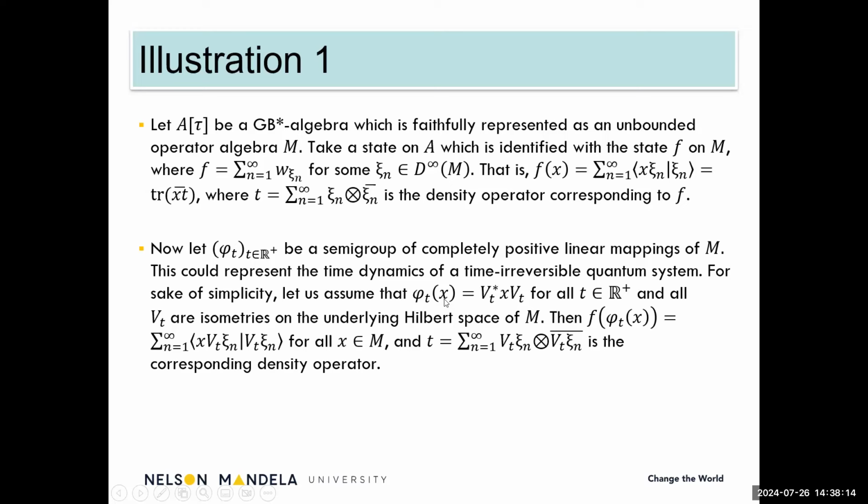You take an observable, and then t units of time later, the observable has transformed to phi of t x under the completely positive map. Then one can write this again as this type of series where t over here is now the corresponding density operator.